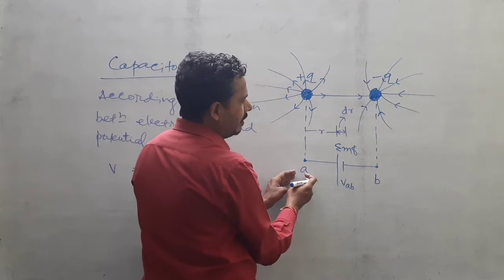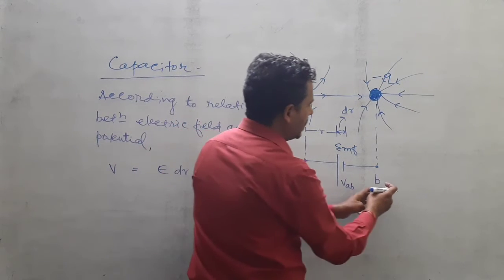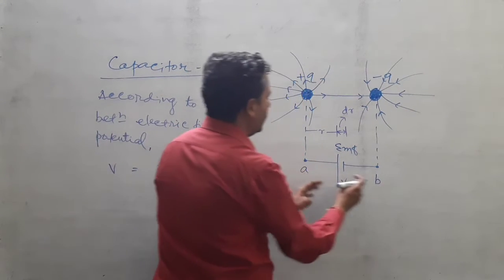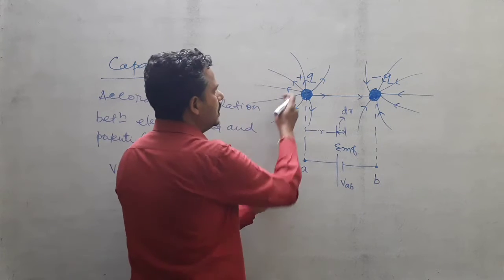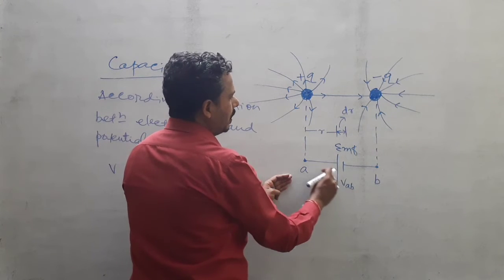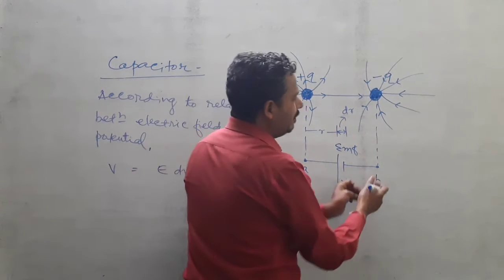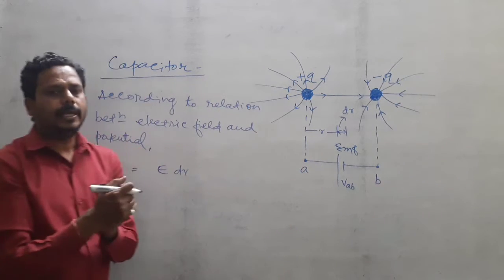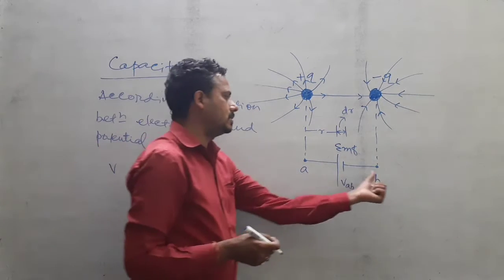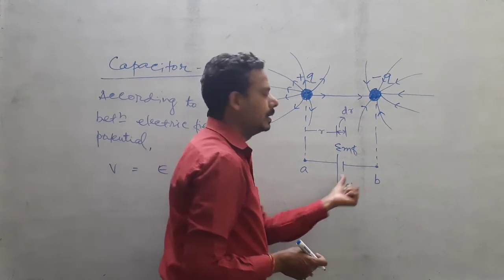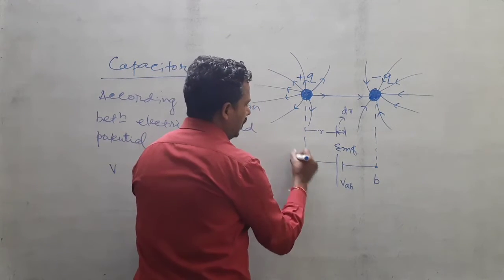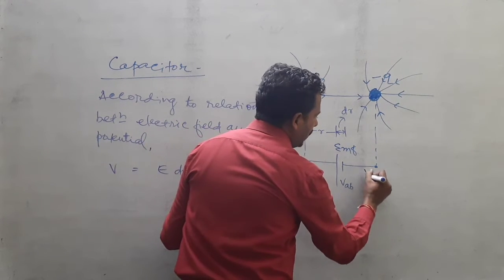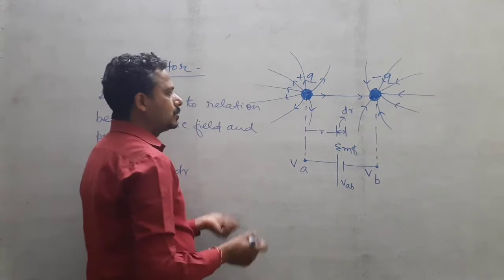This one has potential A and this one has potential B. VA is at higher potential because it is connected with the positive terminal, and VB is at lower potential because it is connected with the negative terminal. So you can say this one is VA and this one is VB.